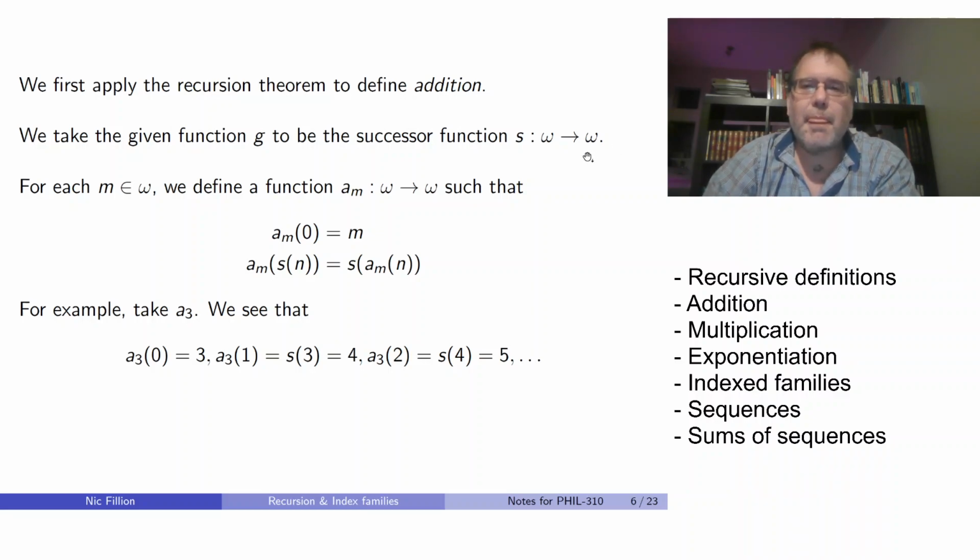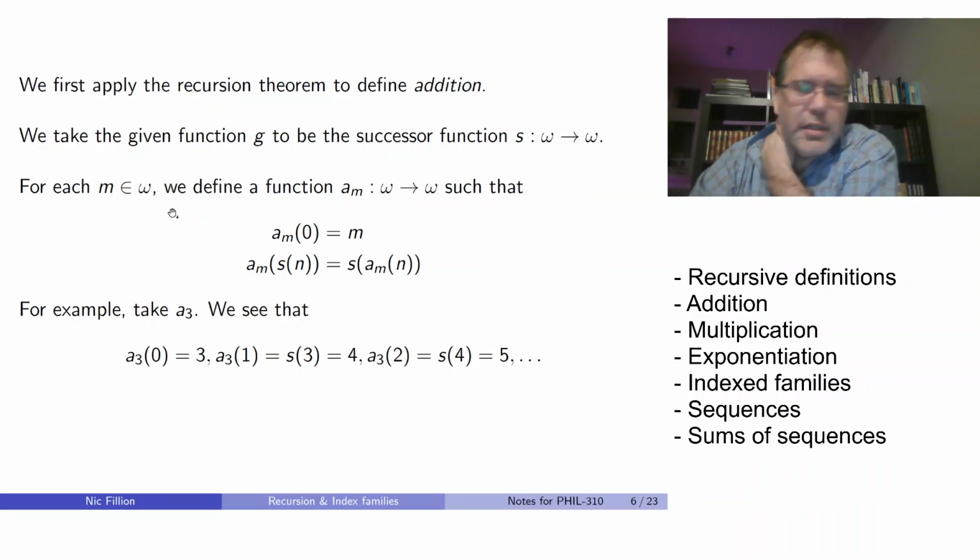So then, instead of introducing just one addition function, we're going to introduce, for each natural number, a different function, which is defined by recursion. We could do it differently, but it would be a little bit more tricky and difficult. So this is why I think it's simpler to do it that way.